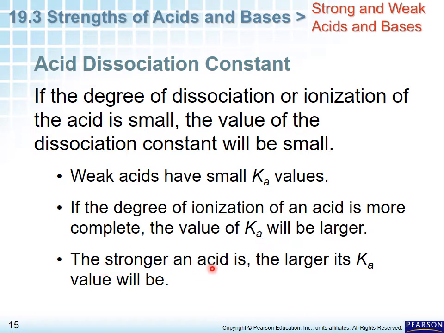In a strong acid, the Ka value will be larger. So Ka value is small in a weak acid and larger in a strong acid. So if you see after calculation that a Ka value is small compared with the other, that one is supposed to be the weak acid and the larger one is the strong acid.